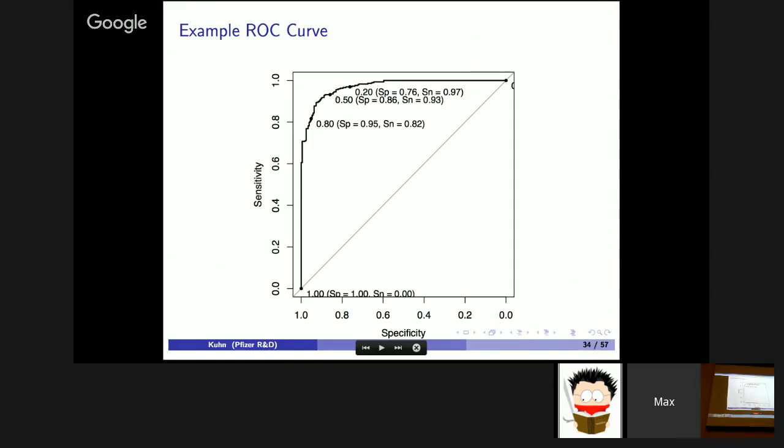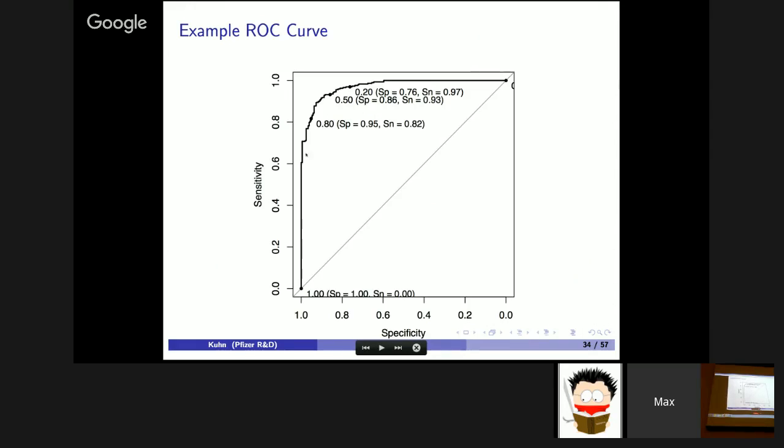So what happens when I make it easier to become a positive? My sensitivity goes up from 93% to 97%. That's this point here on the curve. But my specificity goes down because I'm having more false positives. If I make it harder to be a positive and move the cutoff to 0.8, then specificity goes up because there are fewer overall positives, but sensitivity goes down because I'm eliminating things that really are positives.